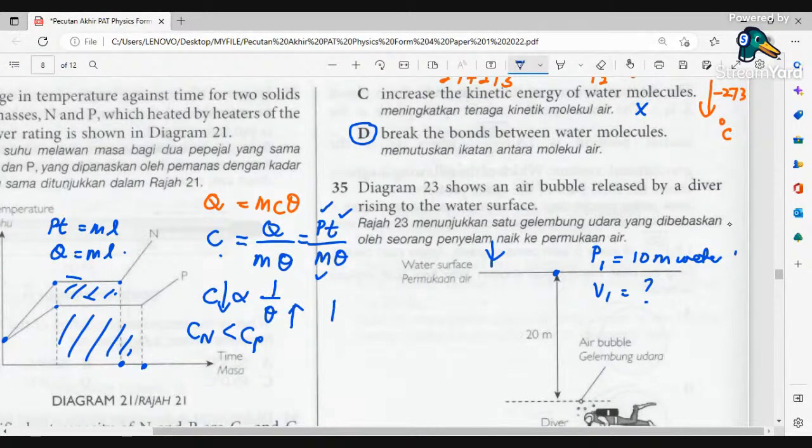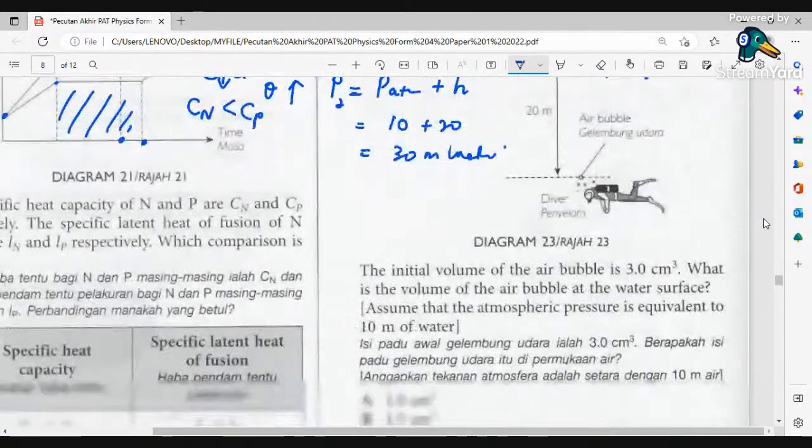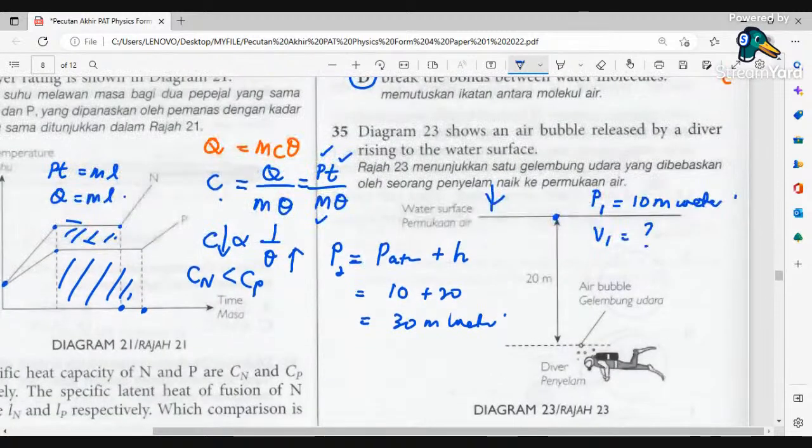Total pressure at depth of 20 meter is P2, which is atmospheric pressure plus depth. So atmospheric is 10, depth is 20, so we get the new pressure here is 30 meter water. Okay, V2 is given, 3.